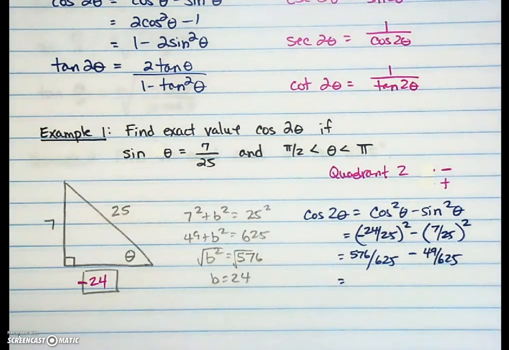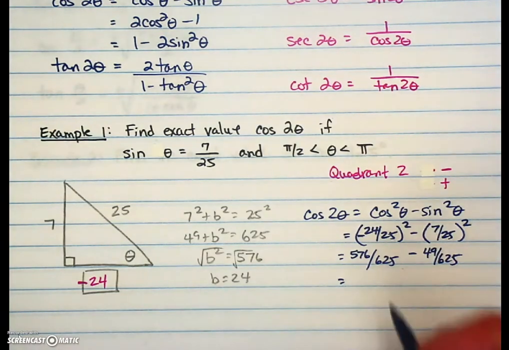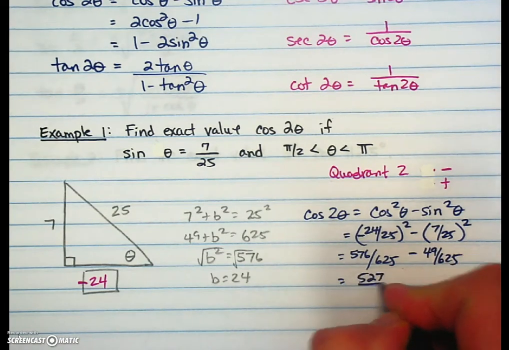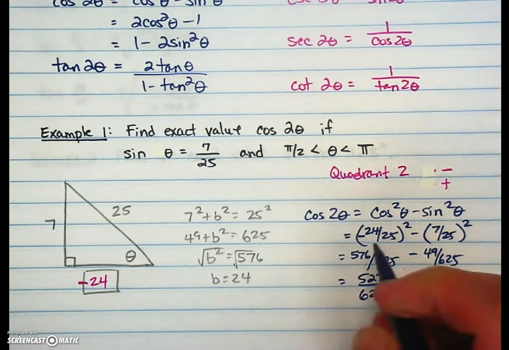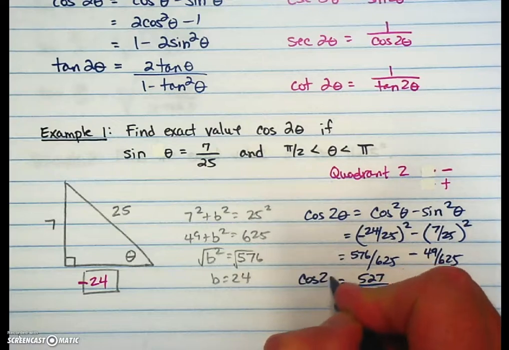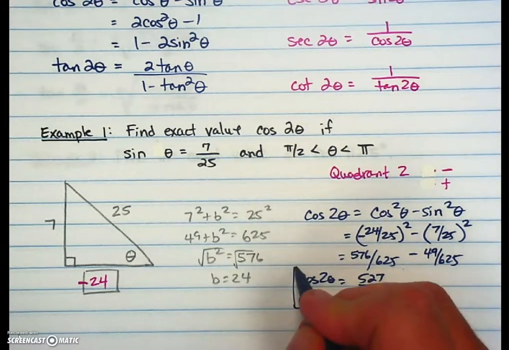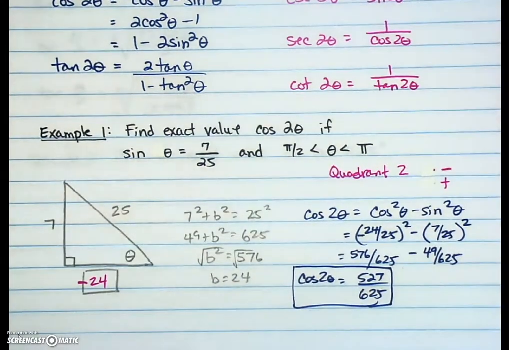They already have a common denominator, so we take 576 and we subtract 49, and we get 527 over 625, and that is the cosine of 2 theta. And that's how you work those double angle problems.